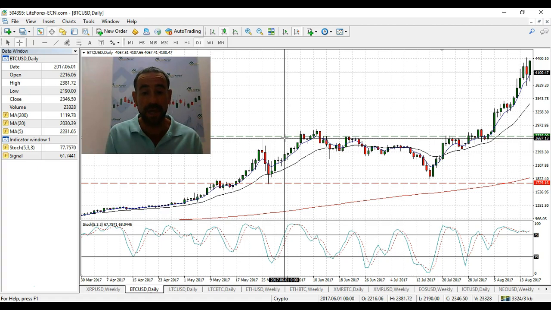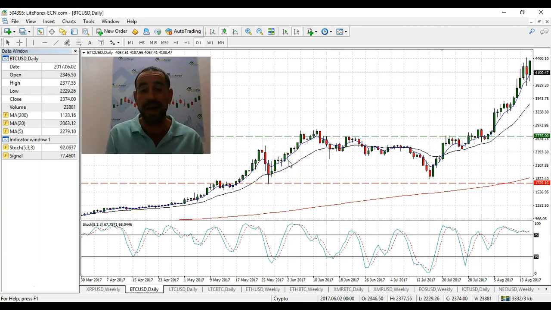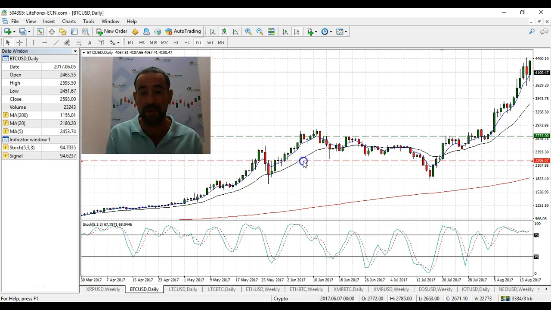Right at the close, take a look where the fast line of the stochastic is, 77. So it just crossed above the 75, which means that at this bar, well, actually at the next one, I took the stop loss level and pushed it all the way just a tad below the lowest low.